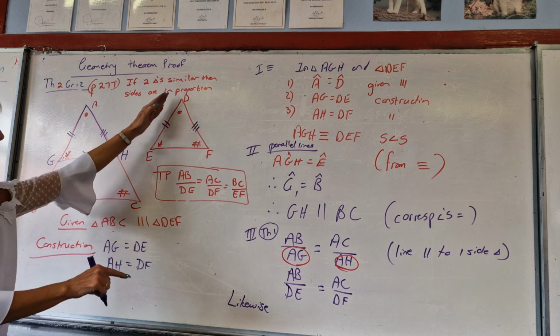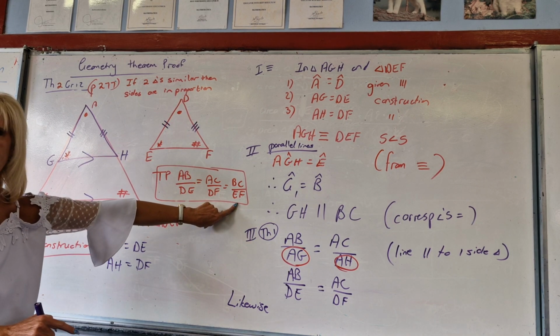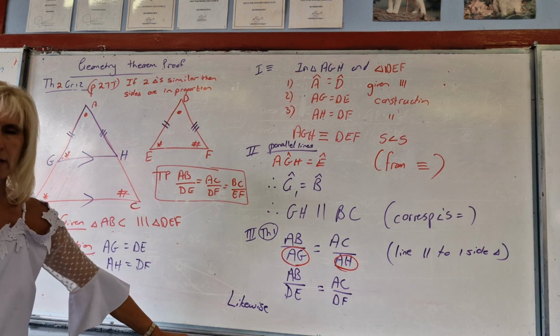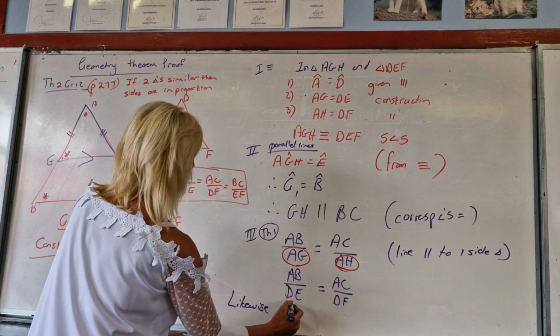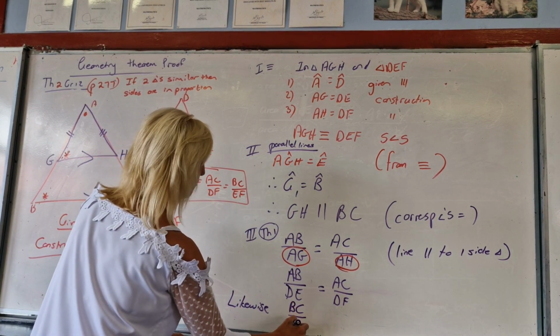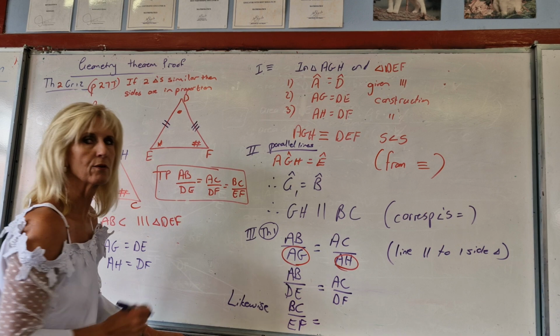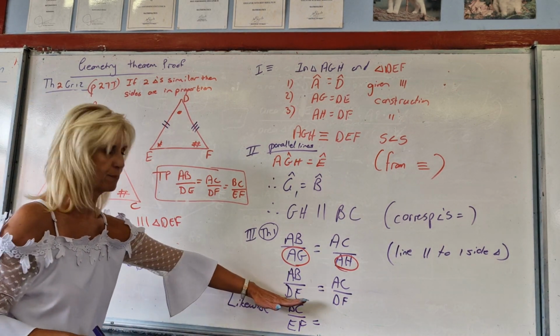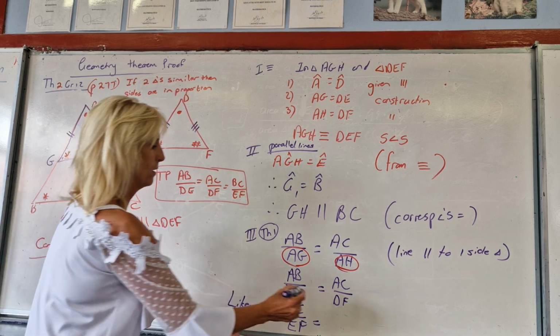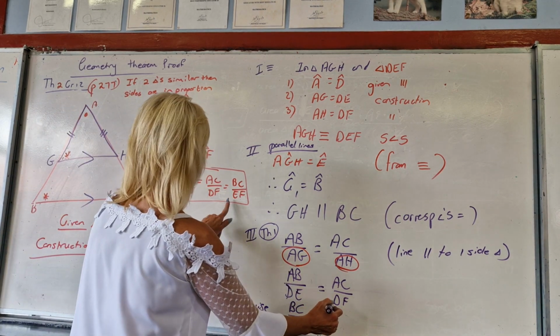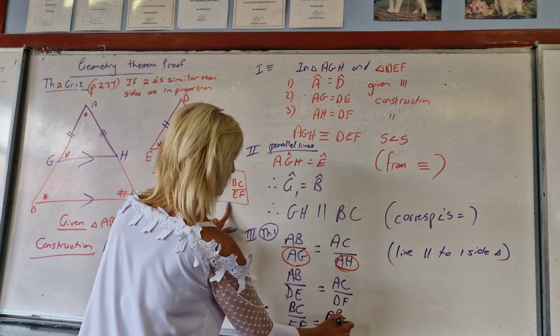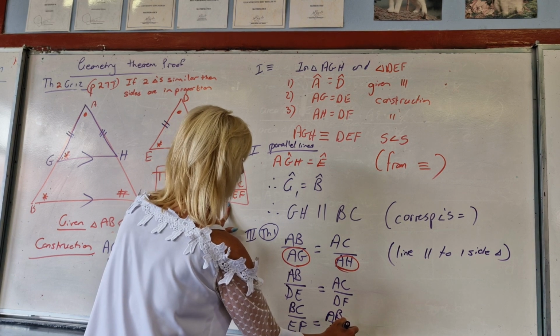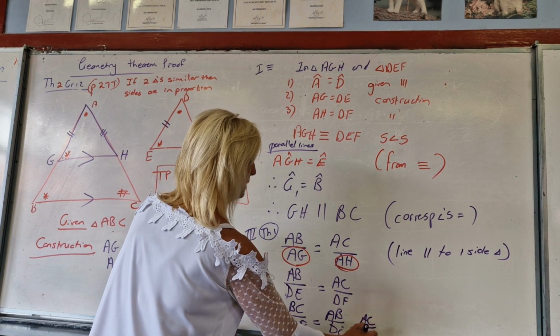So you can just say, likewise, you can find BC over EF also equal to the rest of them. That's all you need to say, and you don't even have to say that. If you stop there, it's fine for them. So BC over EF would be the same as AB over DE and AC over DF.